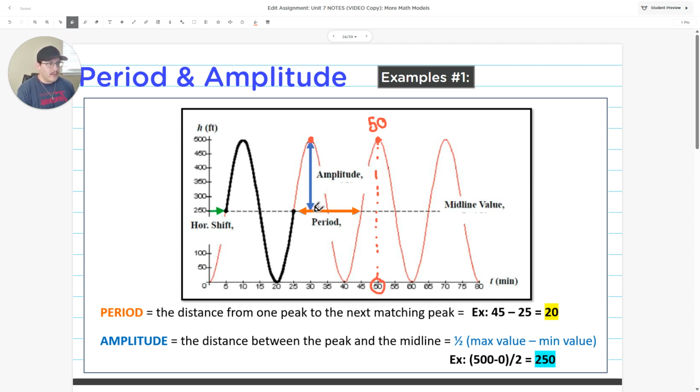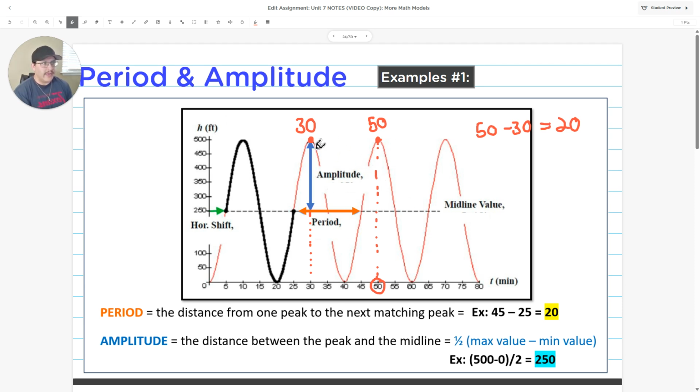And then this value right here will be about 30. So to find the period, the amount of time it takes for one part of the graph to repeat itself, from one peak to the other, we subtract these two. 50 minus 30 is equal to 20, which means it takes 20 minutes for this graph, according to its labels, to start repeating itself.